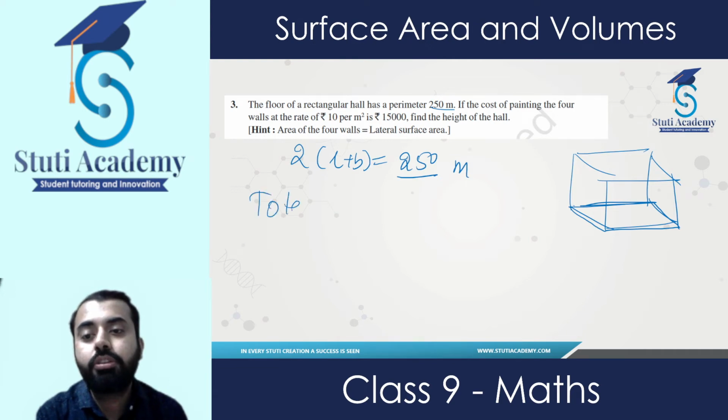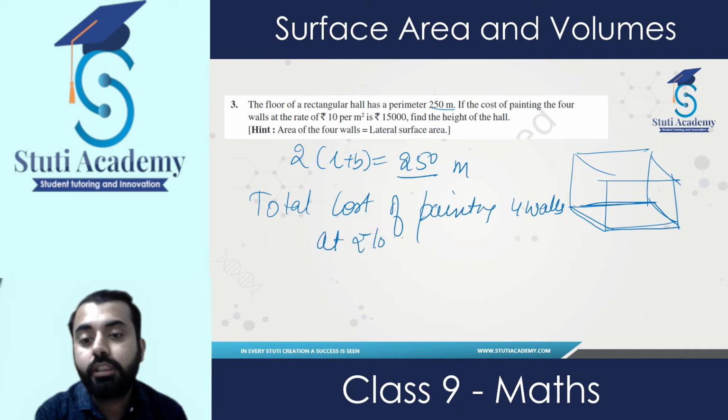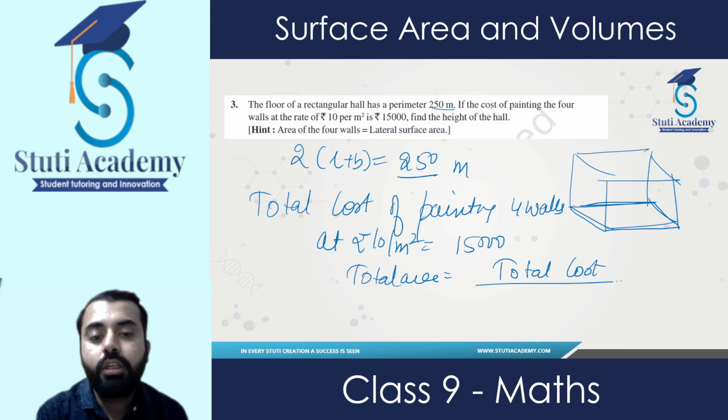It is also given to you that the total cost of painting 4 walls at the rate of rupees 10 per meter square is 15,000. So that means total area will be total cost divided by per meter square cost, right?